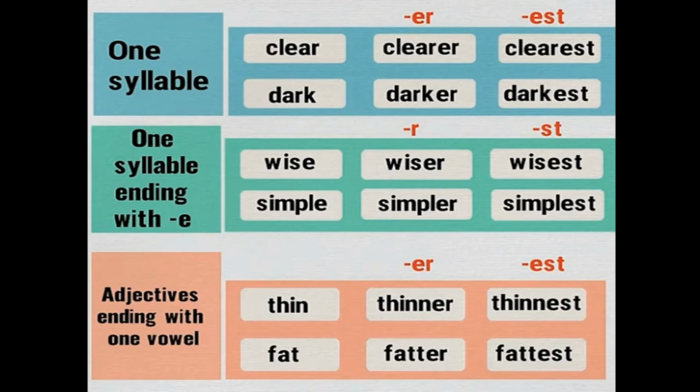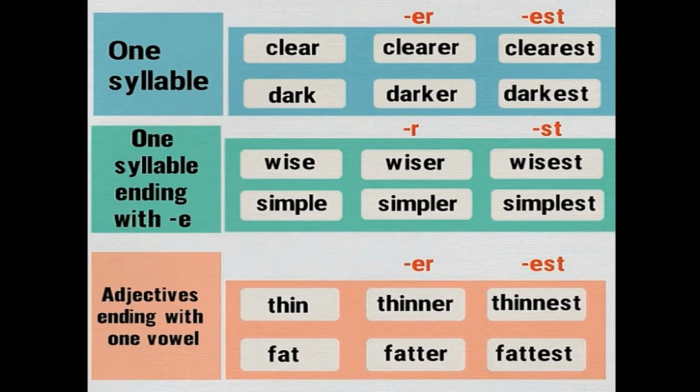The clearest, and we use the before it. The clearest. Clear. In comparative clearer than, but in superlative we use the clearest. In comparative darker than, in superlative the darkest.